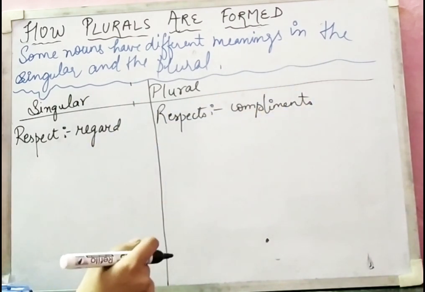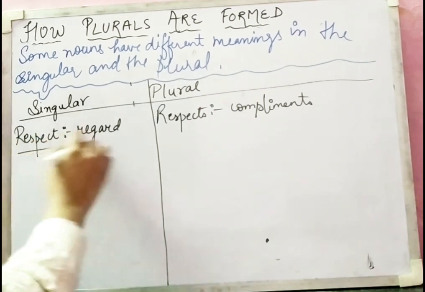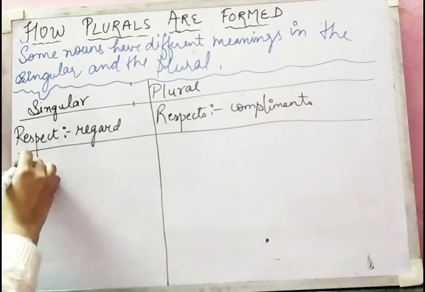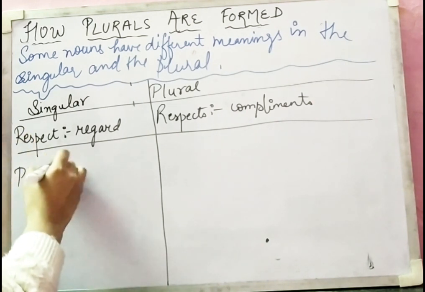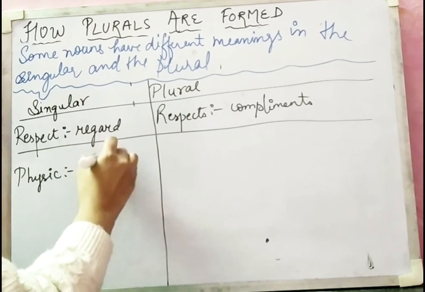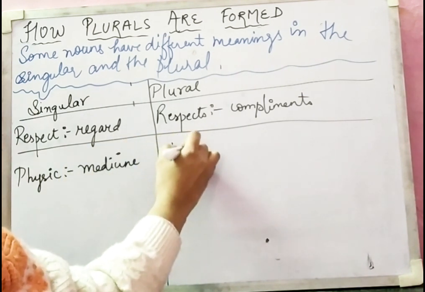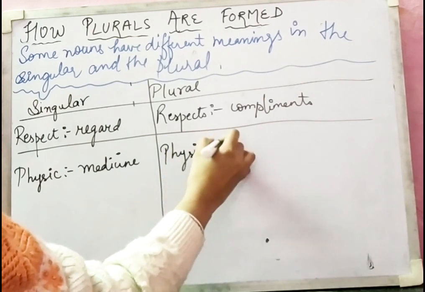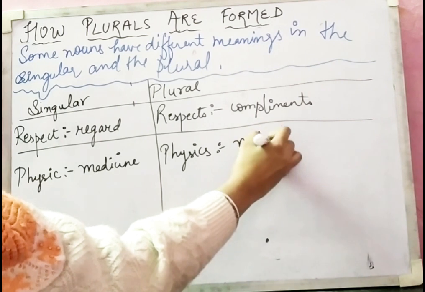Okay, similarly here I will take one more example, that is physic, not physics, physic, that is medicine. But if I add s here, means physics, then this will be natural science.